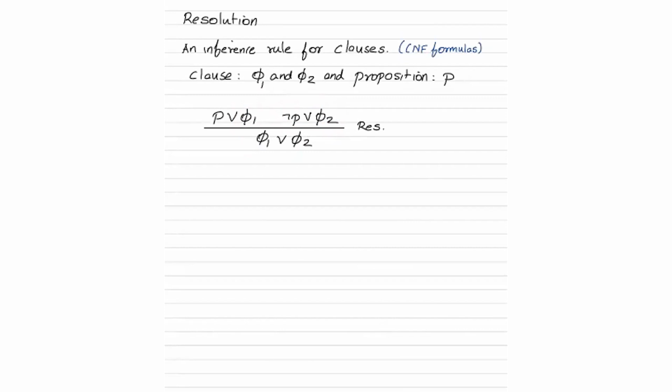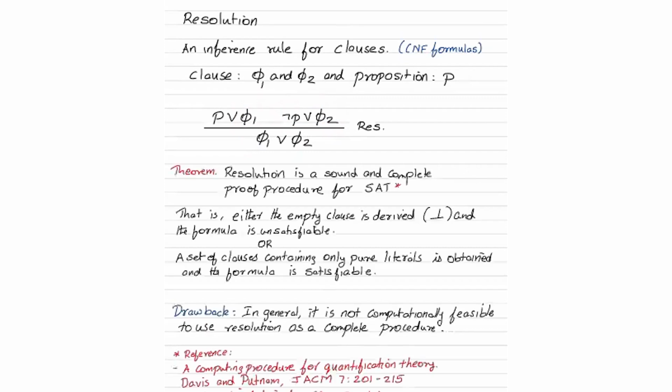Now, what is interesting about this resolution rule is that it is a sound and complete proof procedure for checking satisfiability or unsatisfiability. It's a proof procedure, which means that you're not really using the semantics. It's just syntactic symbol manipulation. You can use just this one rule to do a sequence of derivations.